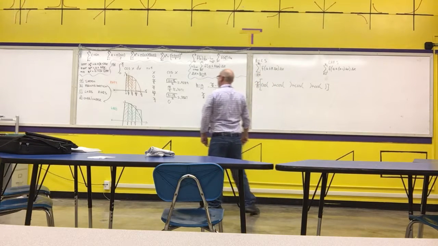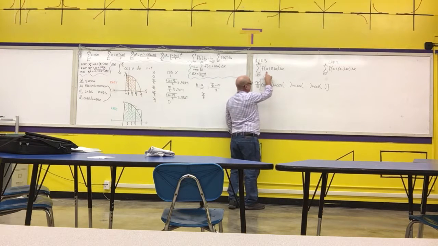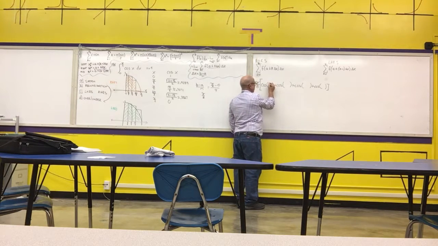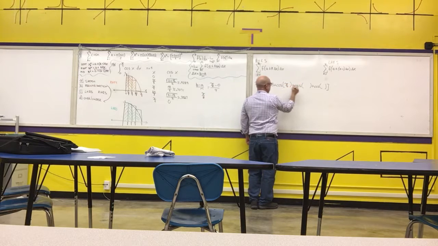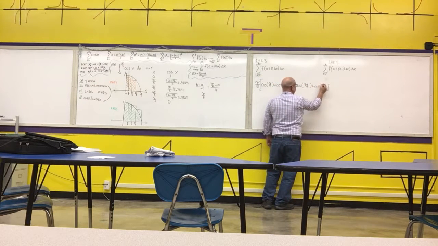Okay? And my first point is going to be at pi eighths. So 0 plus 1 times pi eighths is pi eighths. 0 plus 2 times pi eighths is pi fourths. Then 3 pi eighths. And then pi halves.